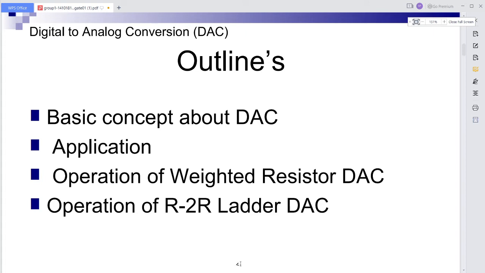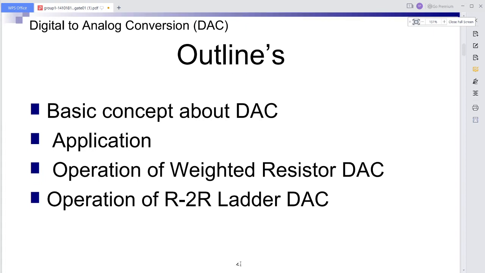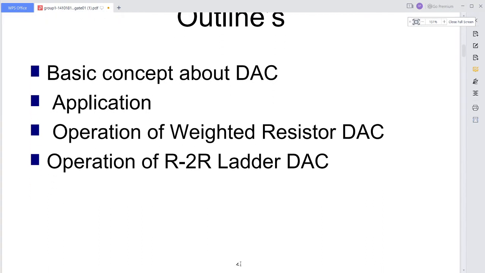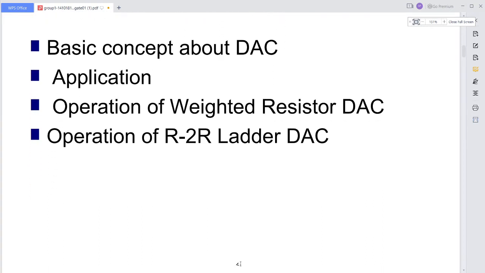In this class, I'm going to explain the various types of digital to analog converters. In the last class, I explained that there are three types of resistor based digital to analog converters, in short DAC.